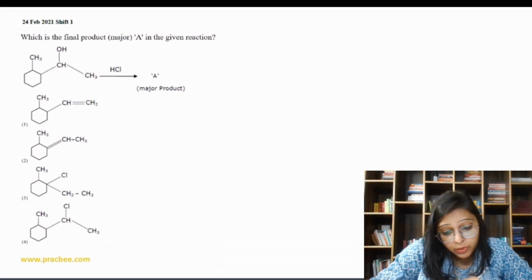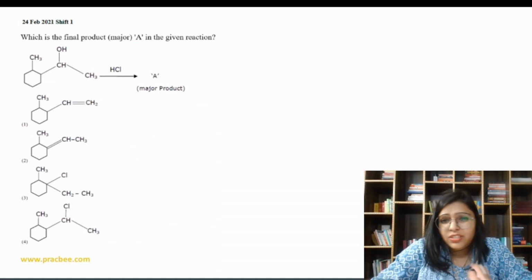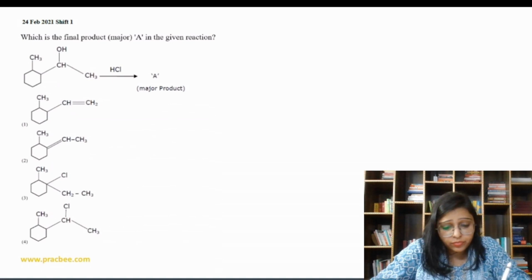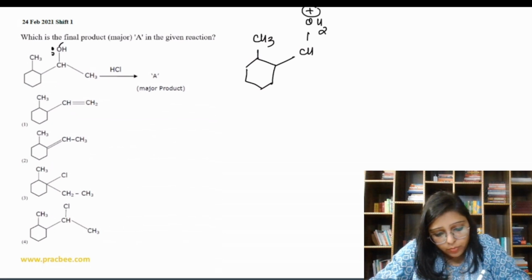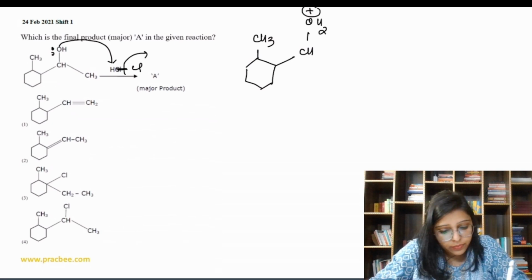What is the final product A in the given reaction? Same. It's just what you need to do. You have to do Markovnikov generally. So first what happens? CH3 CH OH2 positive, right? The oxygen lone pair attacks on this H plus and Cl minus leaves.